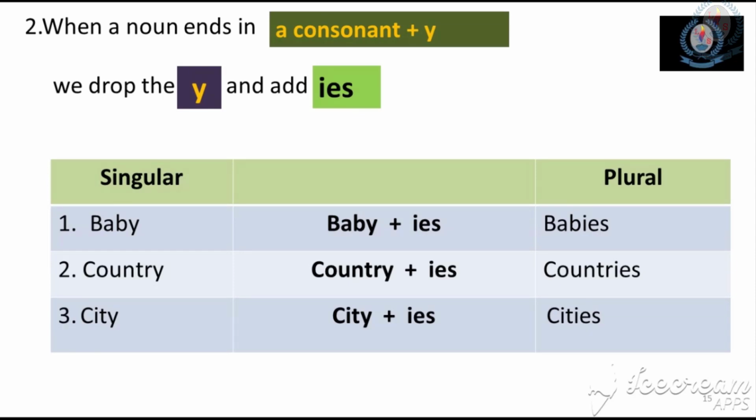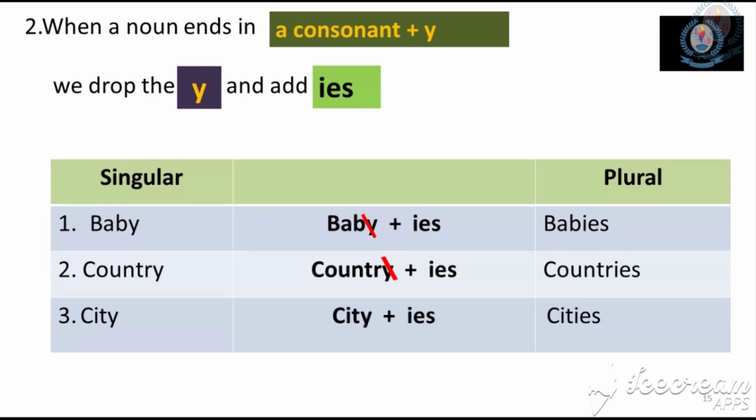Plural, babies. In the word baby, we cut the letter y and we add ies. Second one, country. In the word country, we cut the letter y and we add ies. Countries.